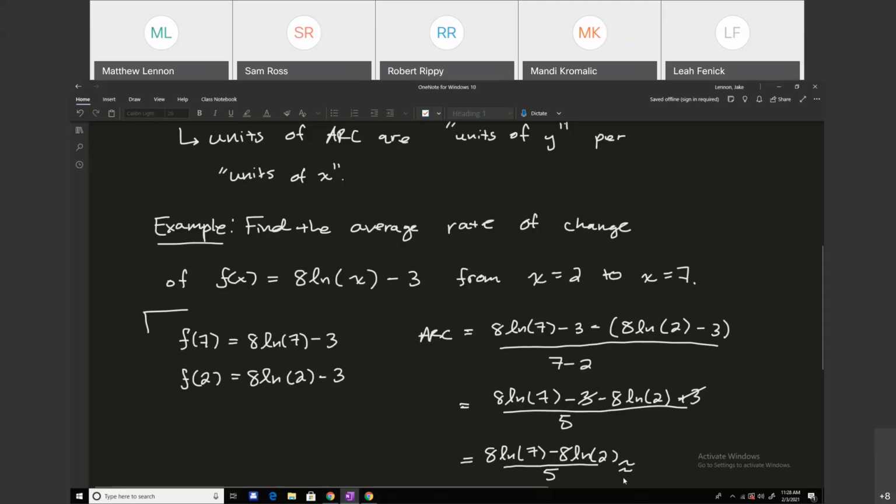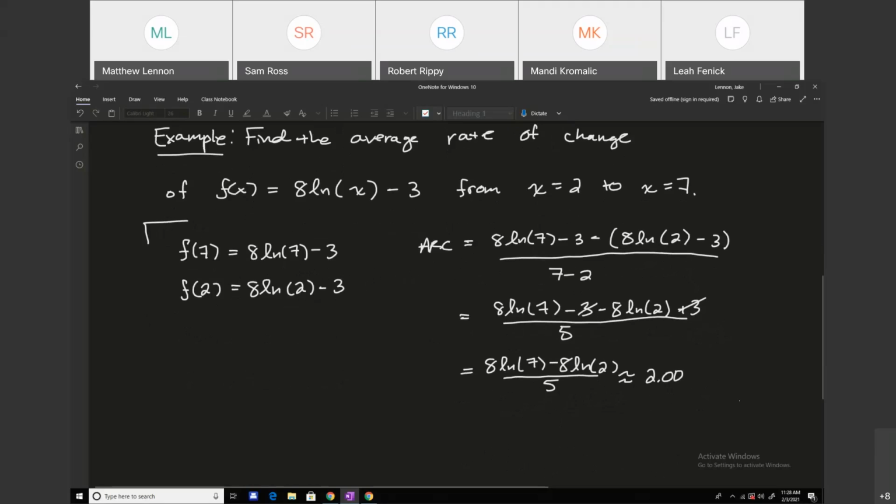Let's punch that in the calculator and get an approximation. It's about 2.00, so it came out to a pretty nice value. That's basically it. There's not too much to computing an average rate of change.